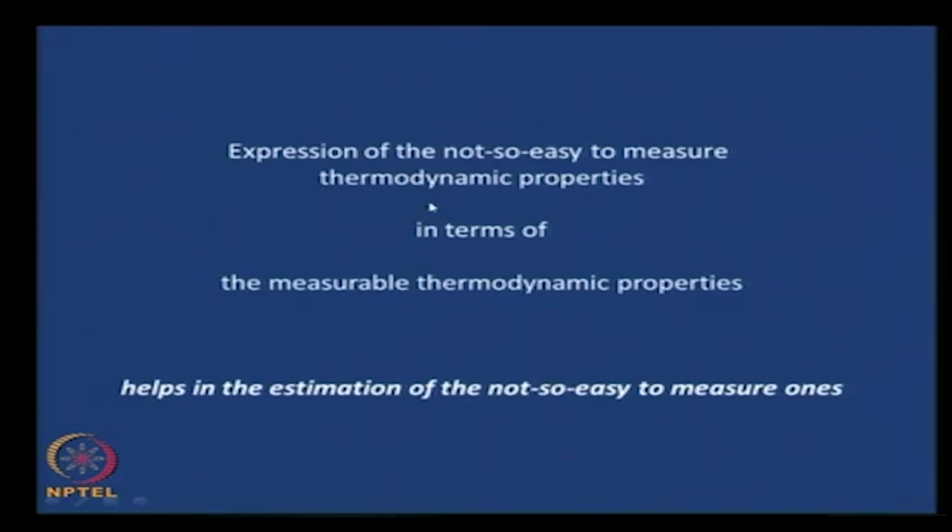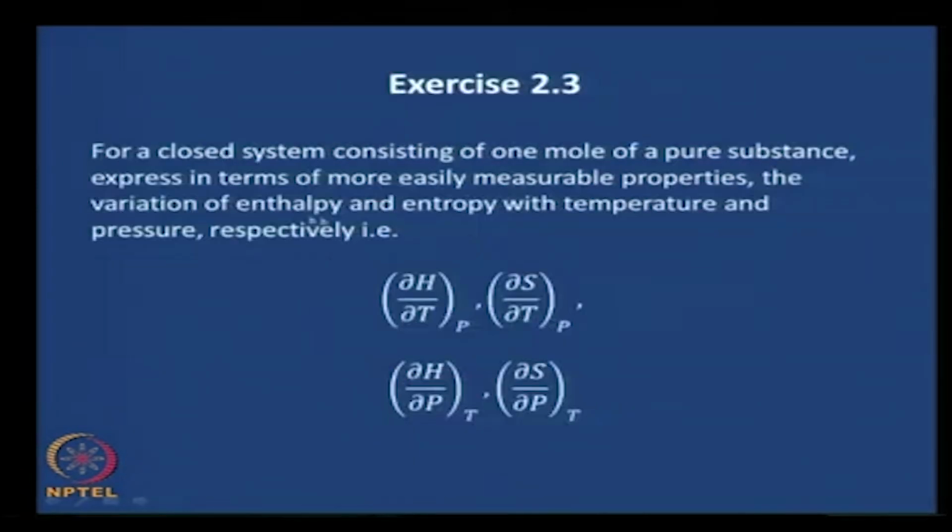Expression of the not so easy to measure thermodynamic properties in terms of measurable thermodynamic properties helps in estimation of the not so easy to measure ones. I am just repeating this so that it gets across. The exercise was, for a closed system consisting of 1 mole of a pure substance, express in terms of more easily measurable properties the variation of enthalpy and entropy with temperature and pressure respectively.